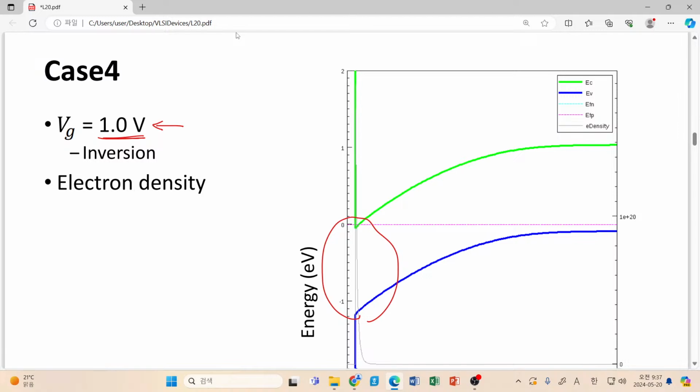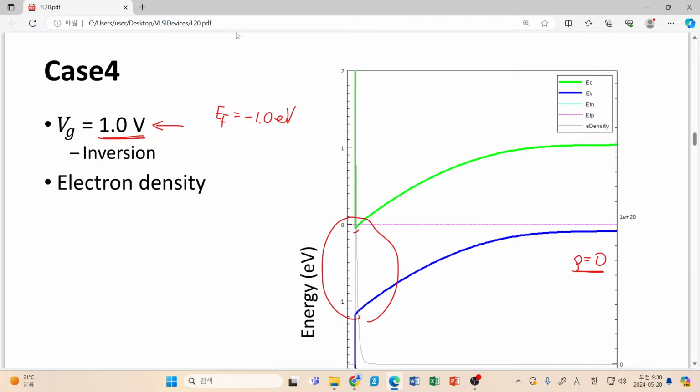So higher gate voltage means that our metal Fermi level should now be -1.0 electron volt. So the left part is moved downward even more severely, and now we have more bending here. In this case, please try once again to calculate the net charge density. This is 0 as usual.